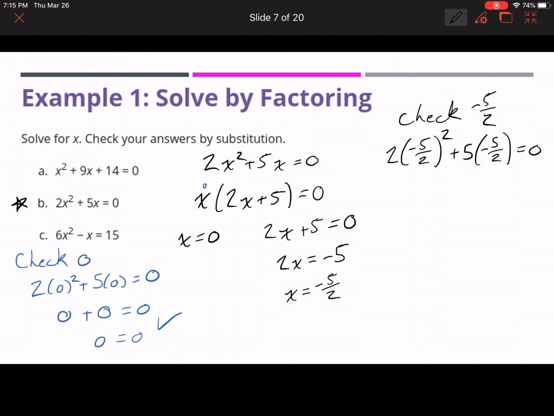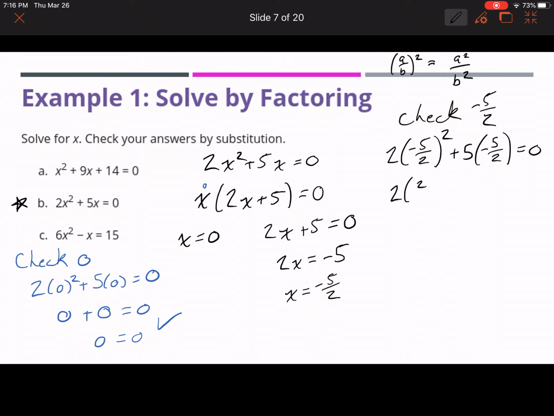So first we do our exponents, and we know that a divided by b all squared is the same as a squared over b squared. Those two are equal. So we're squaring the negative 5 and we're squaring the 2.